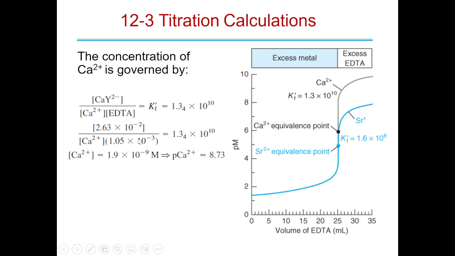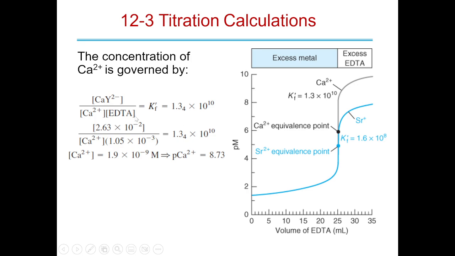It'd be this value plus X. But your X value is going to be so small, it doesn't matter. And just like this would be that concentration minus X, right? But again, X is going to be so small it won't matter in these cases. Okay? Everybody's okay with where we're at? No questions?